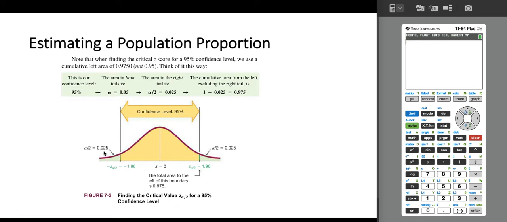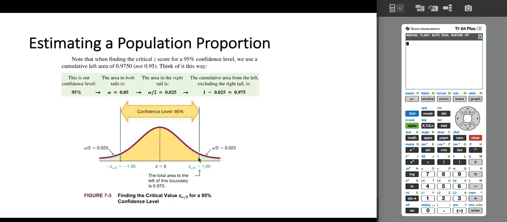So 95% of the total area is in this shaded area of yellow. That means 5% is in the left tail and the right tail. This is the right tail, this is the left tail. Those shaded green regions have to add up to 5%. Think about it: 95 plus 5 is going to add up to 100. That's the whole thing. So 0.95 is in this yellow area, and 0.025 is in each of these green sections.